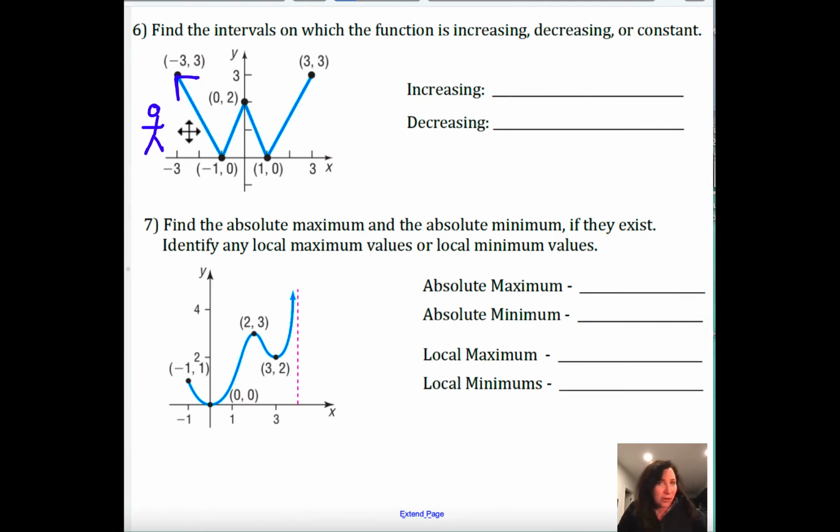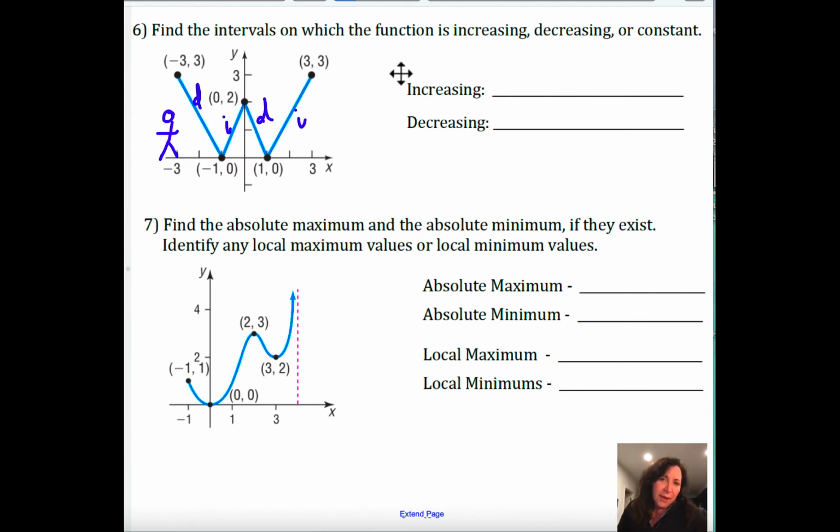That is not increasing. You have to think, what is happening as I move from left to right? Well, as I go from left to right, this is decreasing, and this is increasing.